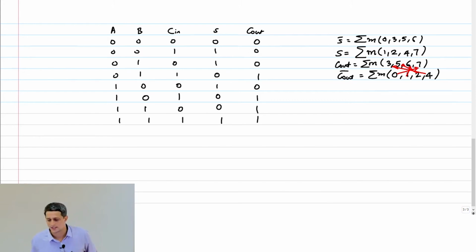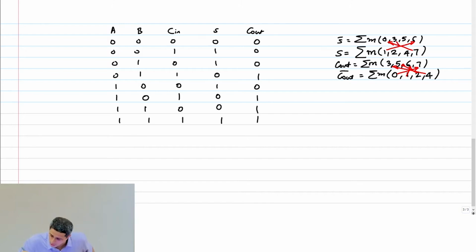What about the sum part? If I invert 1, what do I get? 0, 0, 1, you invert, what will you get? 6, right? So this also seems to be inverting. 0 will invert to 7. What about 3 and 4? If I invert 3, 0, 1, 1, I get 1, 0, 0.